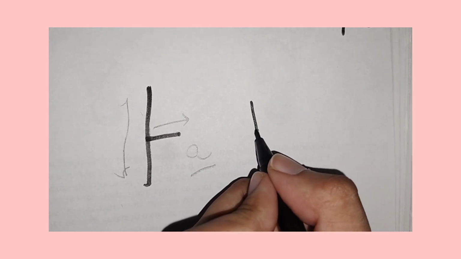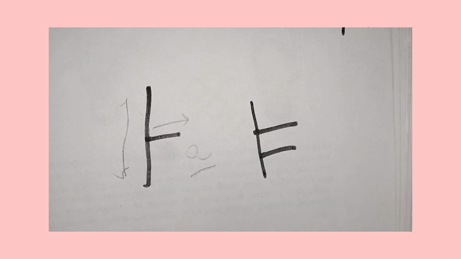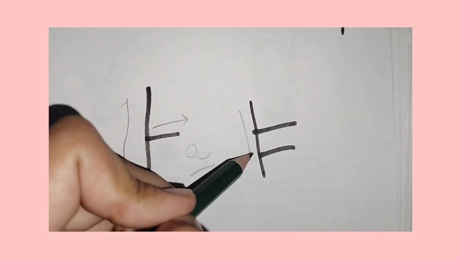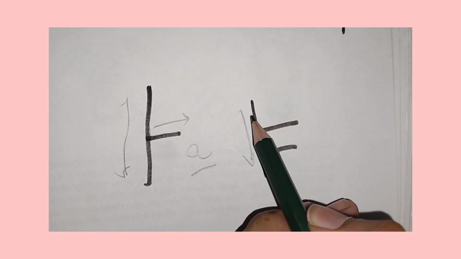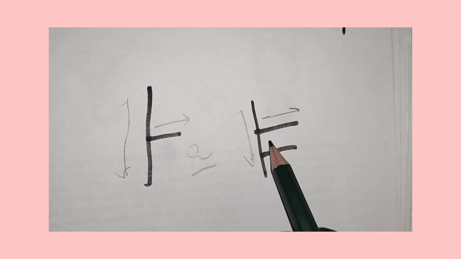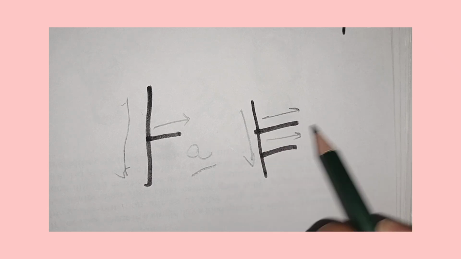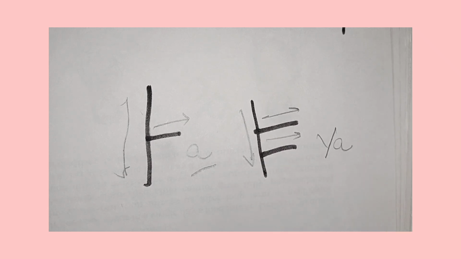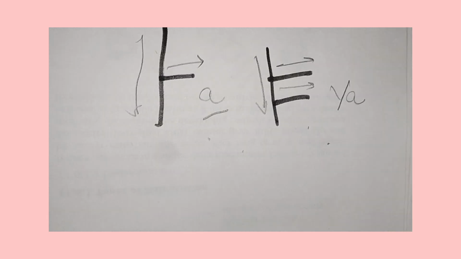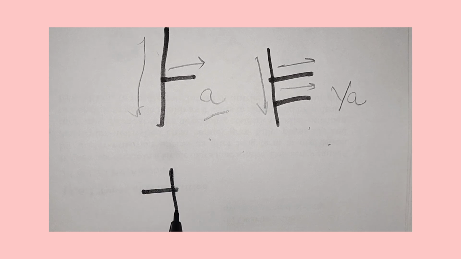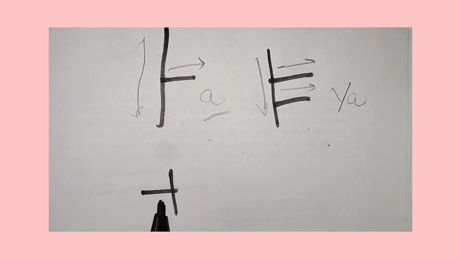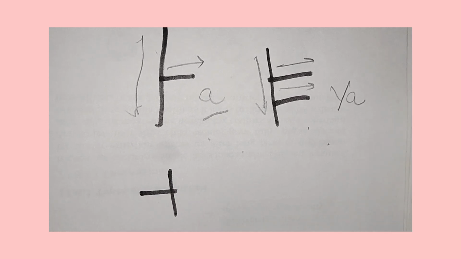It's ah. So the next one is ya. It has one vertical line and two horizontal lines. Ya.